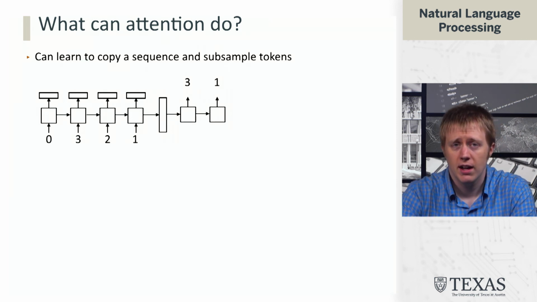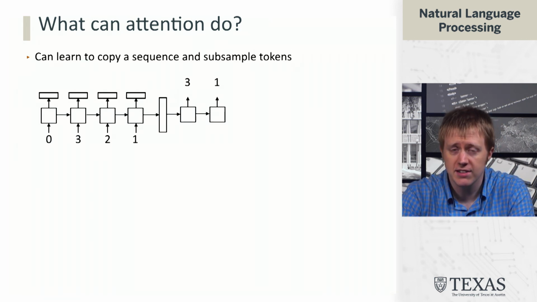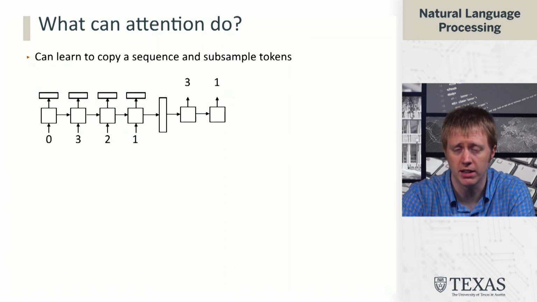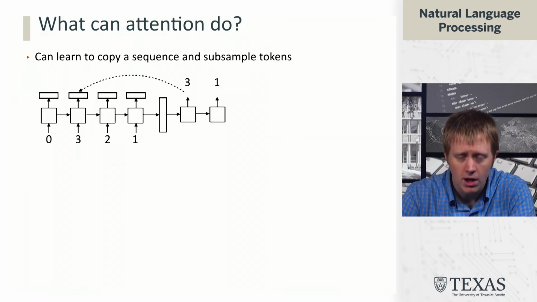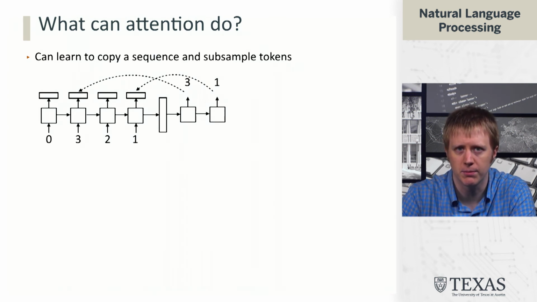So an LSTM with attention can very easily learn to do this, and this is not a bad test if you're implementing this, and you just want to test it on some data that you know that the model can deal with. So what happens is that each token here should basically be attending to the corresponding token that it wants to be copying from the input.